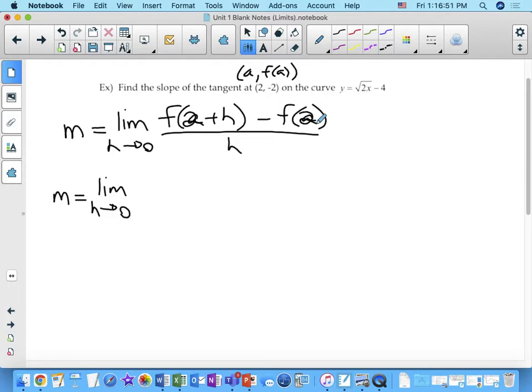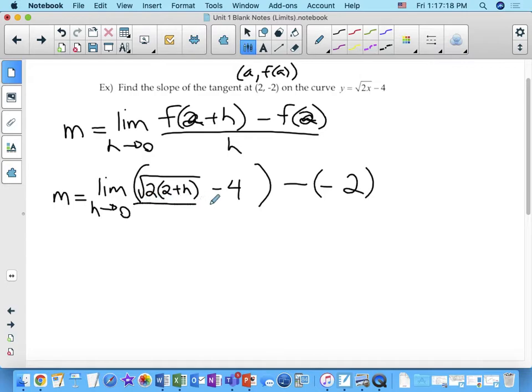Okay, so the limit of this first part is the square root of 2 times 2 plus h minus 4, minus f of 2, which is negative 2, over h.